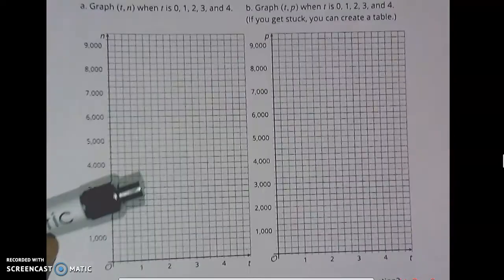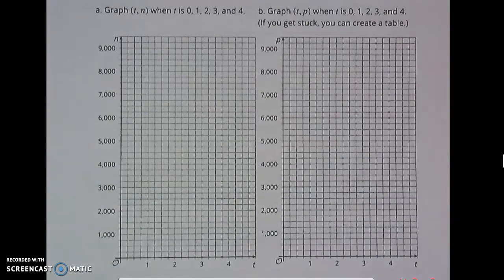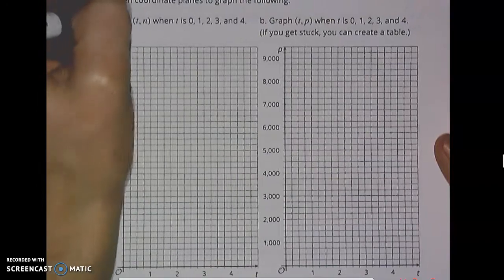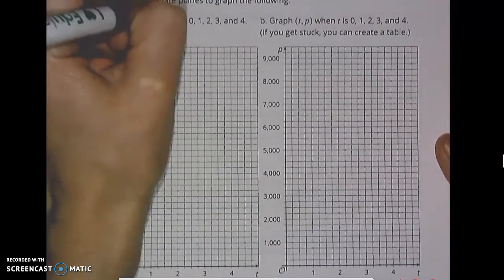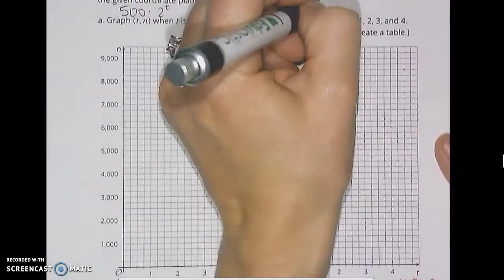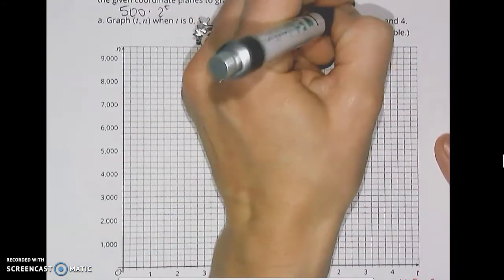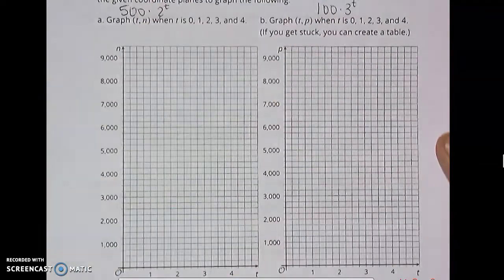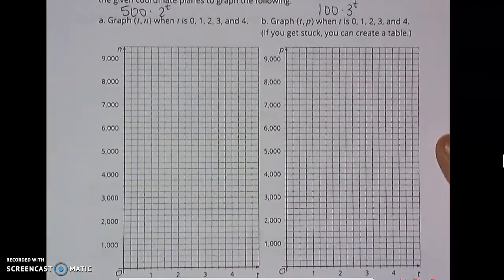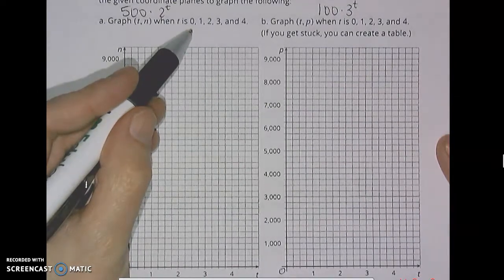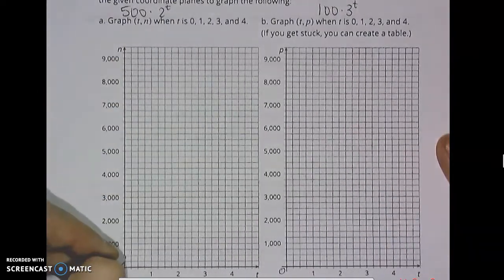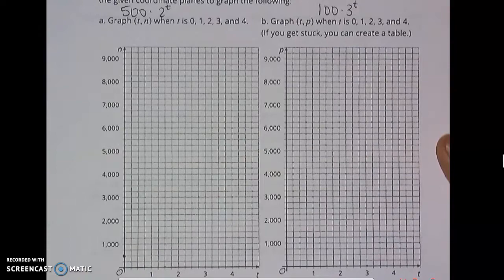All right, let's take a look at this in terms of graphs now. So we're going to refer back to our work in the table from those previous two. So here we had 500 times 2 to the T power, and here we had 100 times 3 to the T power. Okay, and we're going to graph those. So after 0 hours, we had 500 bacteria.